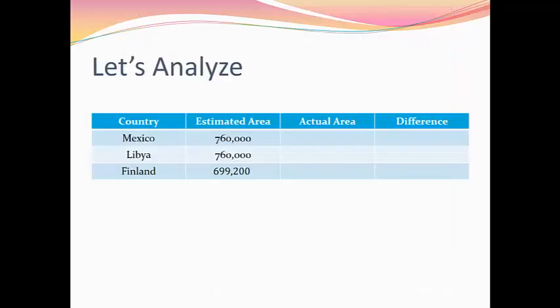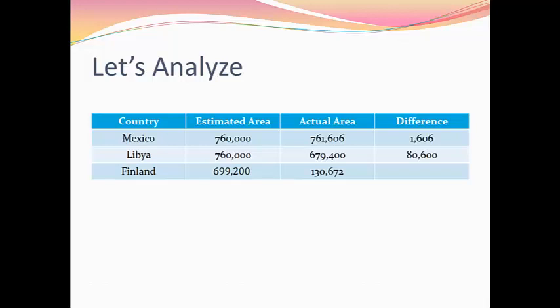Okay, so let's analyze this. Here are our estimated areas for Mexico, Libya, and Finland. We can do a quick Google search to find the actual area of these countries and then subtract to see how well we did. Mexico, that was our starting point, so we're pretty close, a difference of just about 1,600.